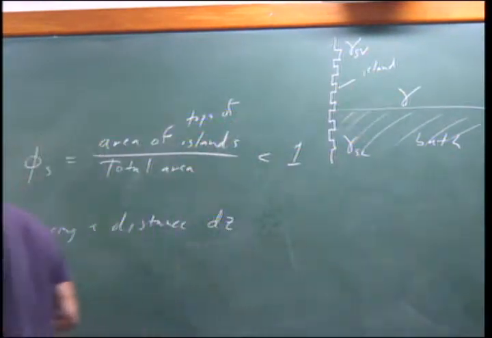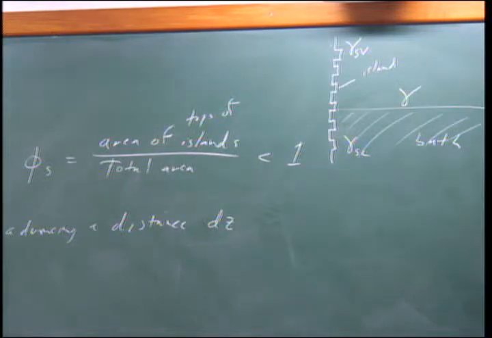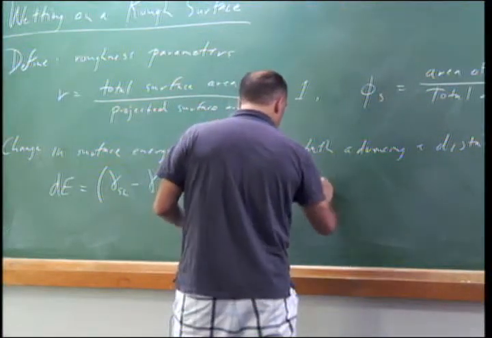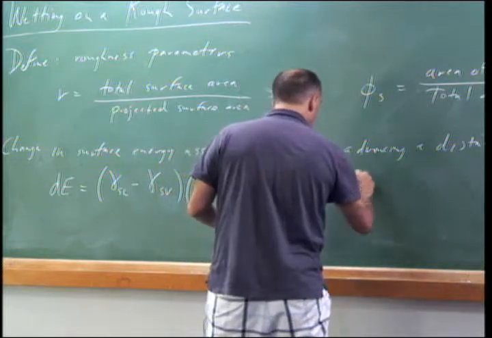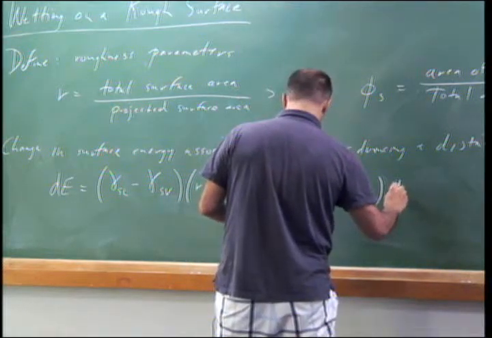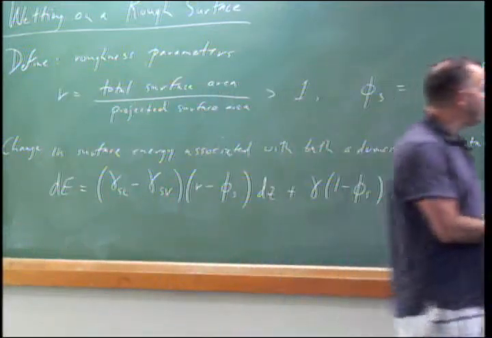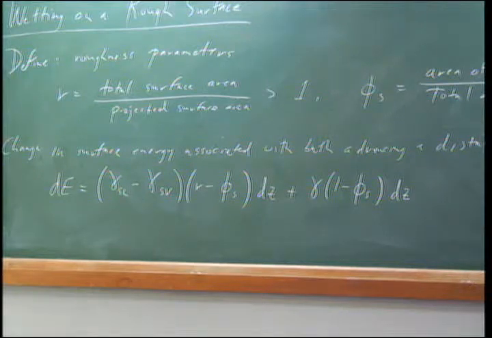Okay, so we have two components. So what we're doing is we're comparing this to this. So we're imagining the fluid is going up and filling in the regions between the islands. Okay?